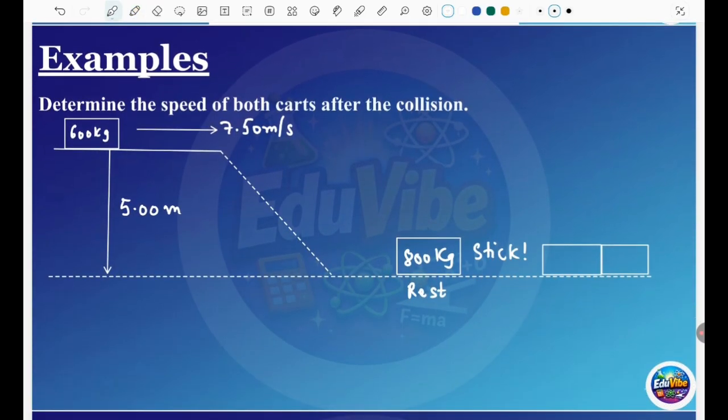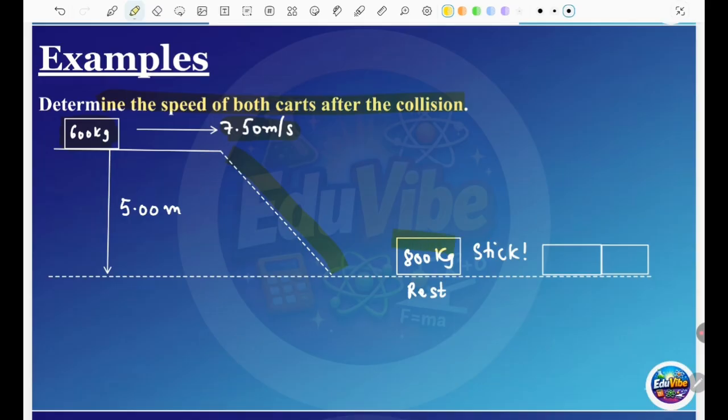Here we have a diagram, and we have to find the speed of both the cars after the collision. This is a 600 kg cart, going with a velocity of 7.50 meters per second, and it declines down over there.